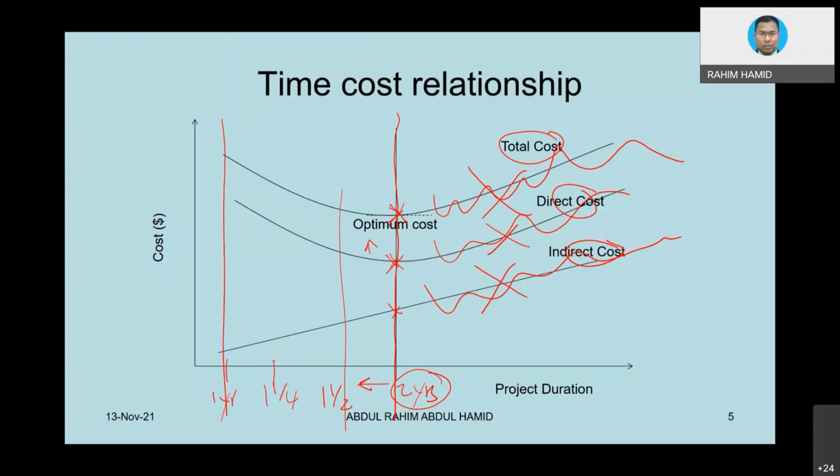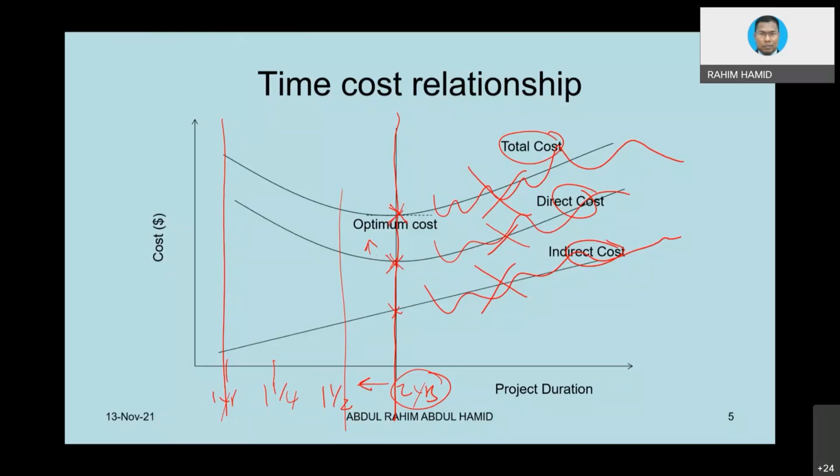That is what we normally assume, due to the fact that at the initial stage or on the planning stage, we already come out with the planning at the lowest possible cost because we want to maximize our profit. And for sure, if we want to compress the project, then the direct cost will be increased.